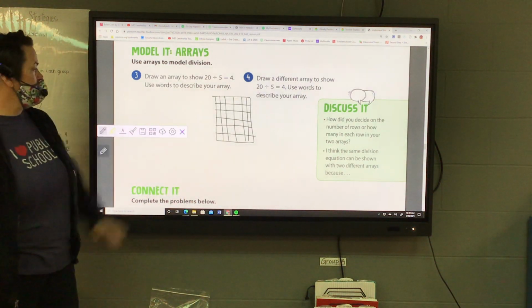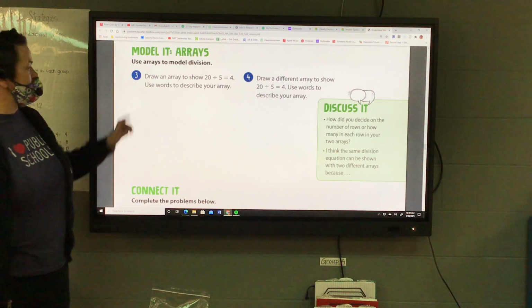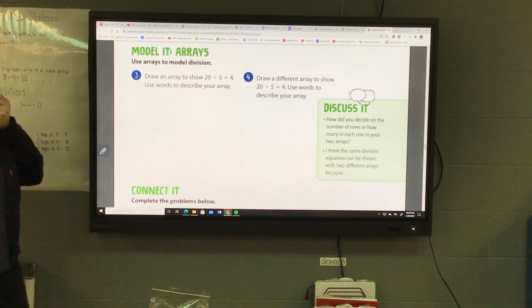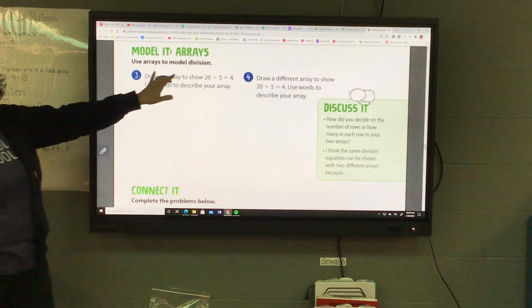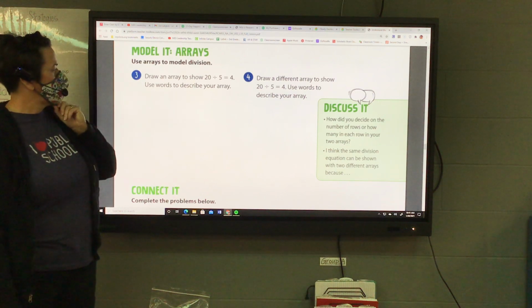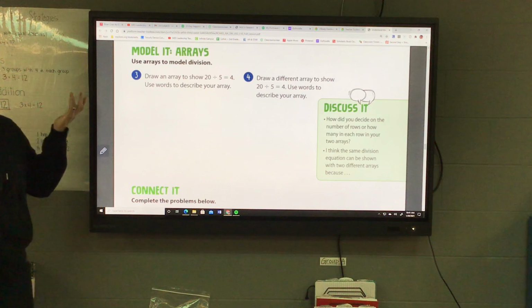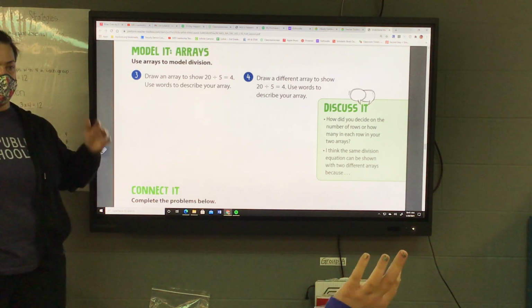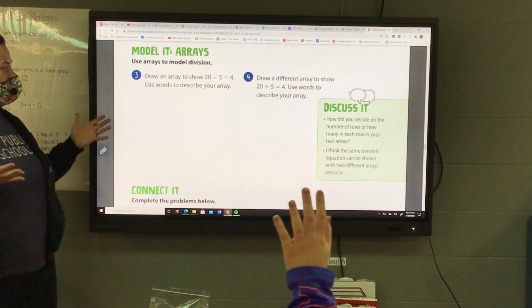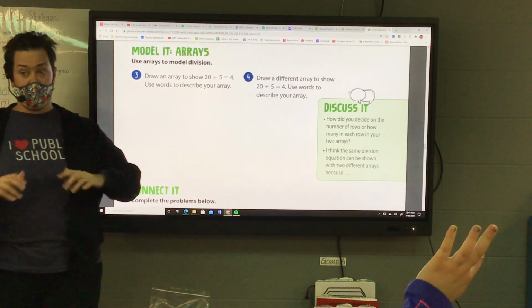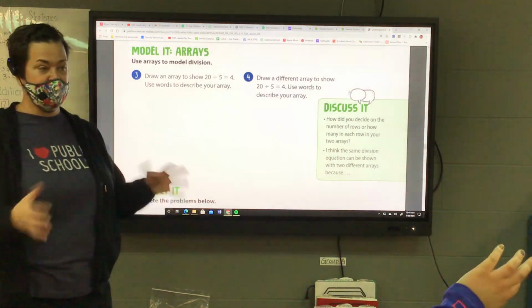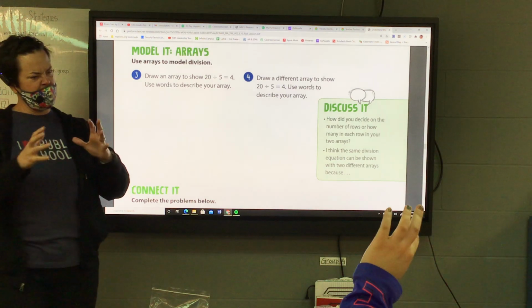Okay, so let's take a look at problem 3. Problem 3 and 4 go together. How can I tell they go together? They're different problems, but how can I see just by looking really quickly without even reading it, how can I tell they're kind of related?